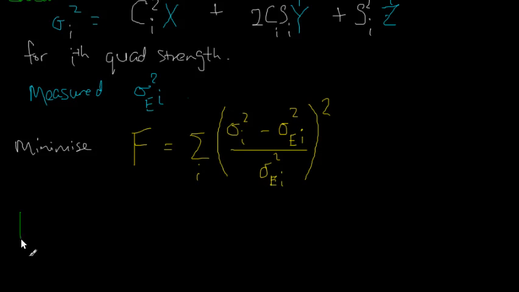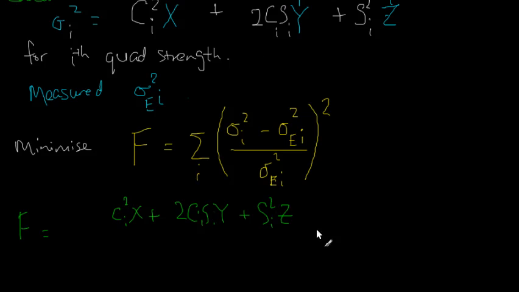I'll get f is equal to, right, the sigma i squared looks like this: Ci squared x plus 2 Ci Si y plus Si squared z.